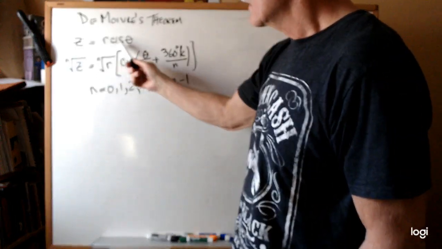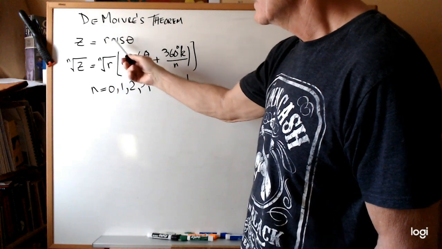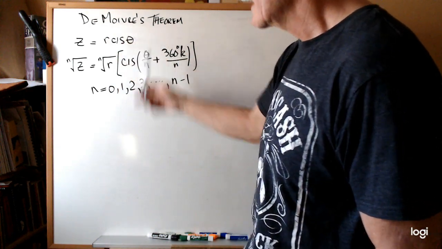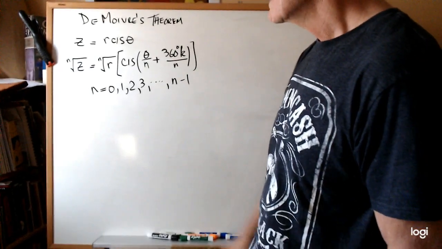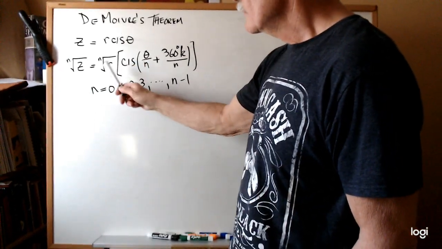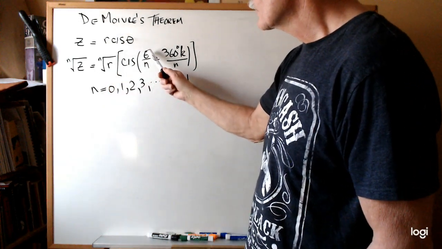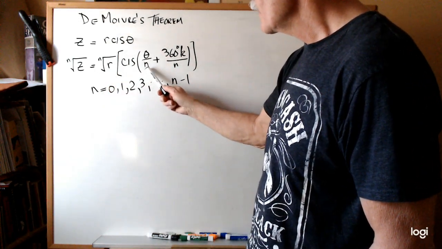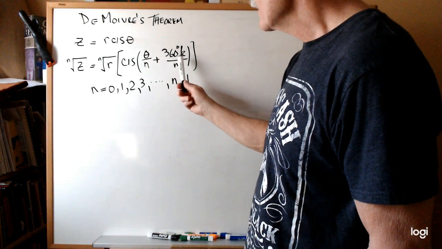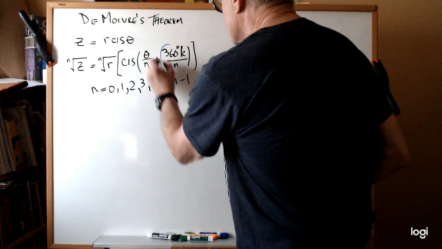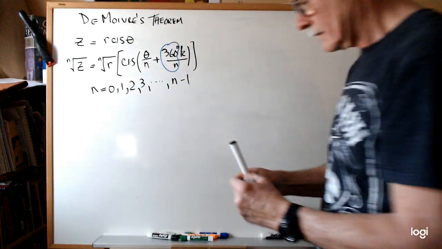Z equals R cis theta, and again, this means R cosine theta plus I sine theta with the R out in front multiplying. And the rule is we take the nth root of the modulus, and we take the actual theta, we divide by n, and then we add multiples of 360 over n to those.